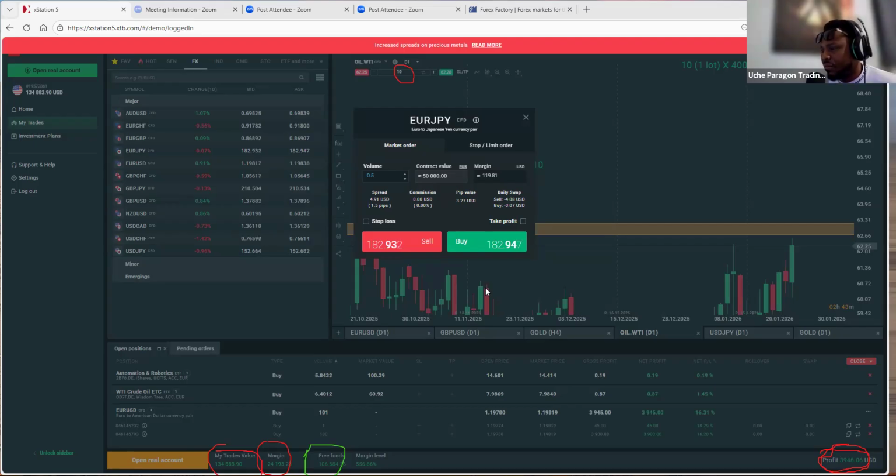So the advantage of margin on CFD is that CFD allows you to place a trade on a small unit, like fewer units. You know what I mean? If it's an ETF, you may not be able to use that kind of unit to place a trade.